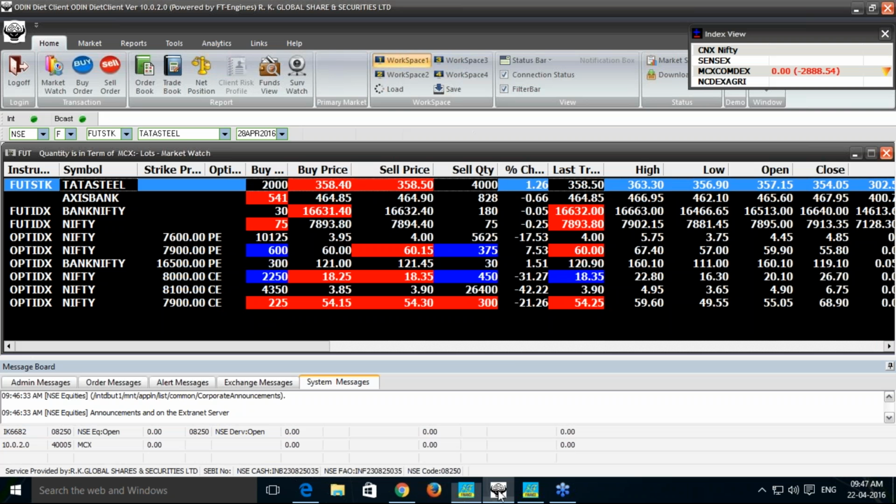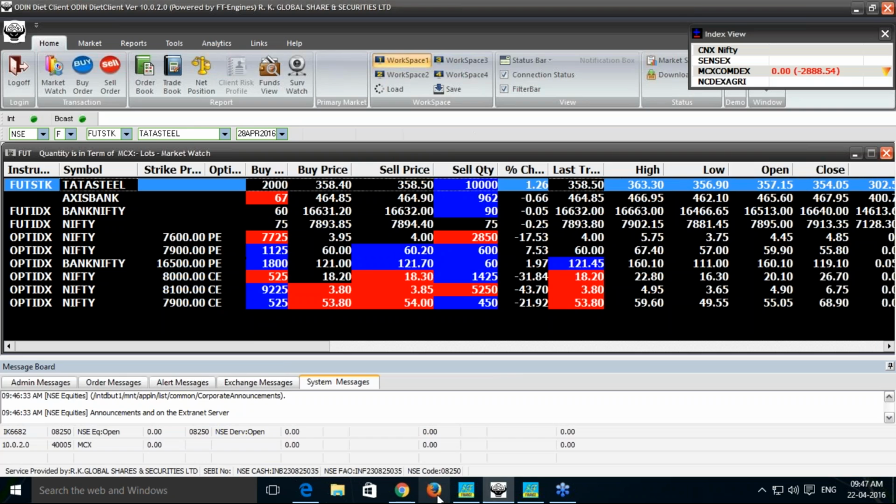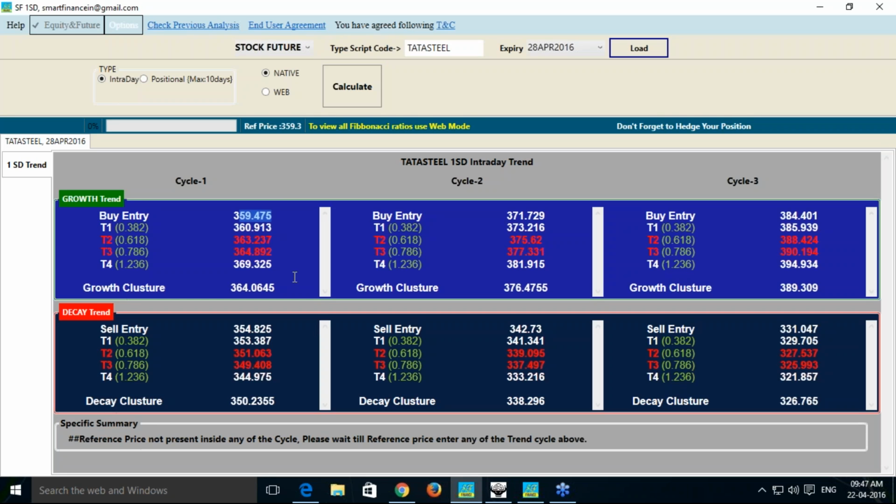Now at 9:47, let us see where it gives you the breakout. If you wish, you can take a note of this pricing. 359.5 is my uptrend level for Tata Steel. If it crosses, then I can go for 361, and 363 is the ultimate target. If it fails, then 354.82 or 355 will be my stop loss, and there I also need to reverse my trade.